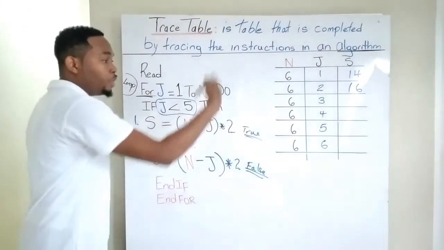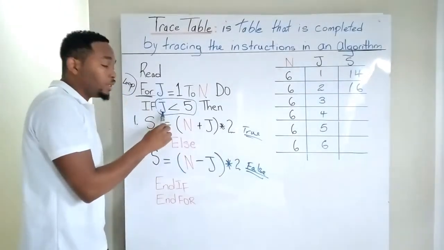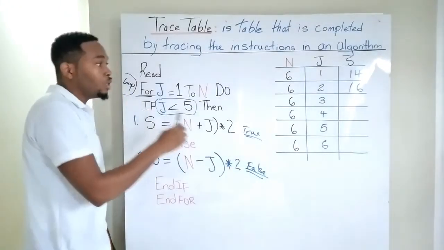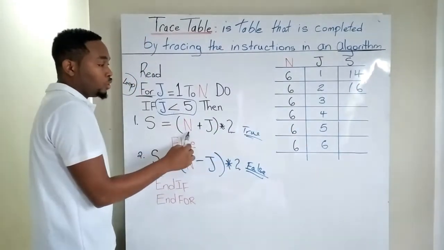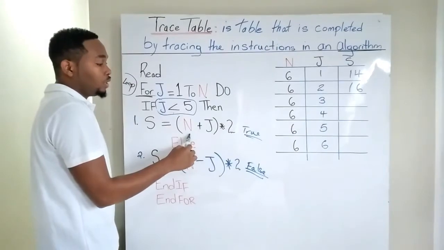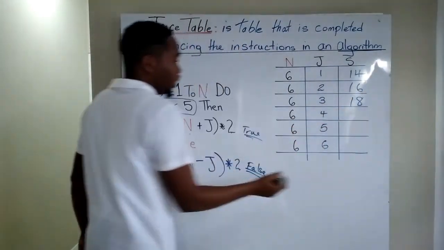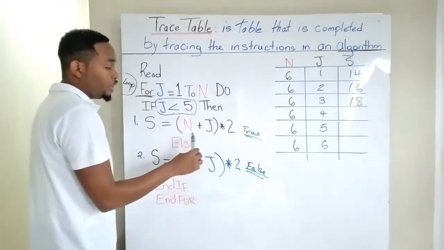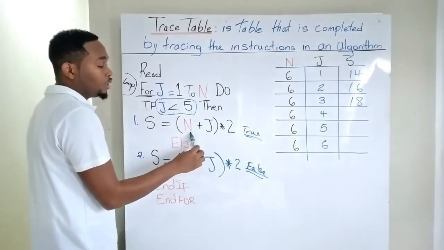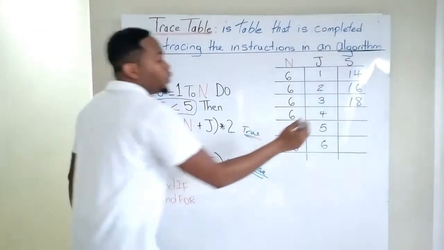Now we continue the process. You must always compare against this condition. Is 3 less than 5? Yes, so we continue. 6 plus 3 is 9, and 9 times 2 is 18. Is 4 less than 5? Yes. 6 plus 4 gives us 10, times 2, we end up with 20.